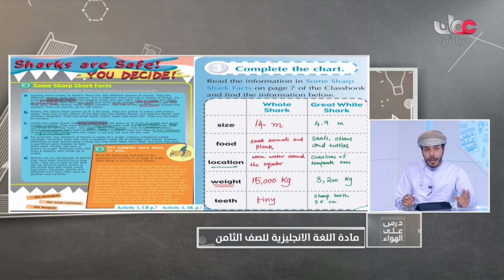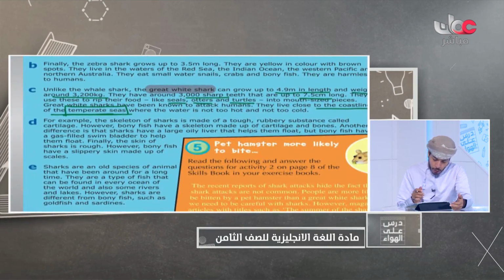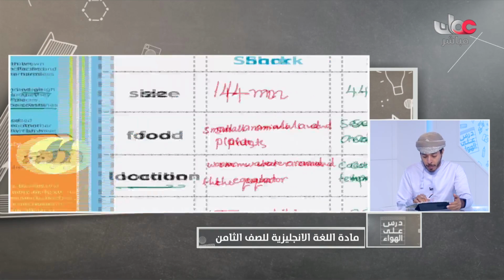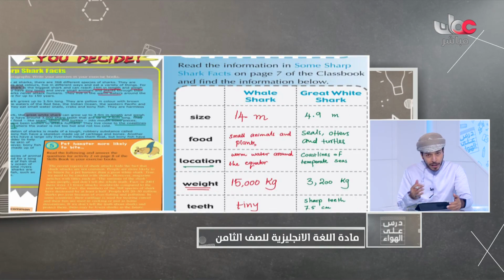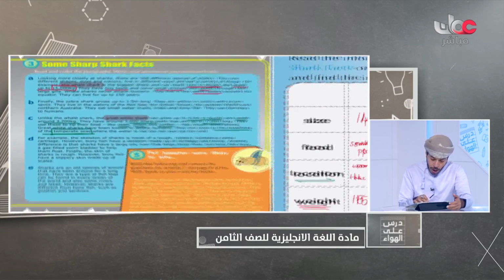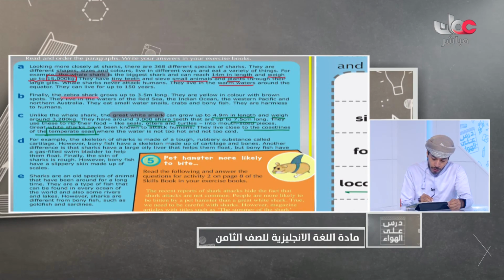So this is about answering this question. You need to read carefully in order to fill in this table that we have here. Good, guys. Now I'm sure that you can read more about other animals or sharks, and you can develop your own tables like this one in your exercise book. For example, you can talk about the zebra shark, and you can talk about the size, the location, food, the weight, and so on and so forth.